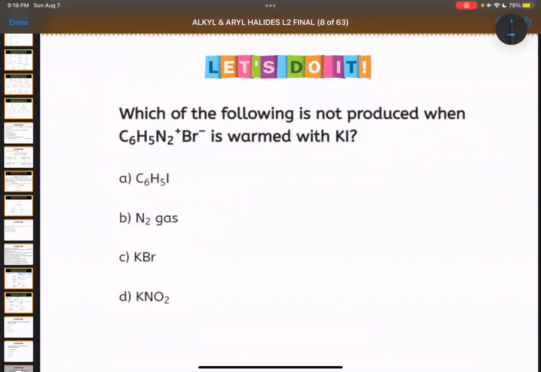And which of the following is not produced when PhN2 plus Br minus, this is the diazonium salt, is warmed with KI? Which of the following is not produced? That you need to tell me.